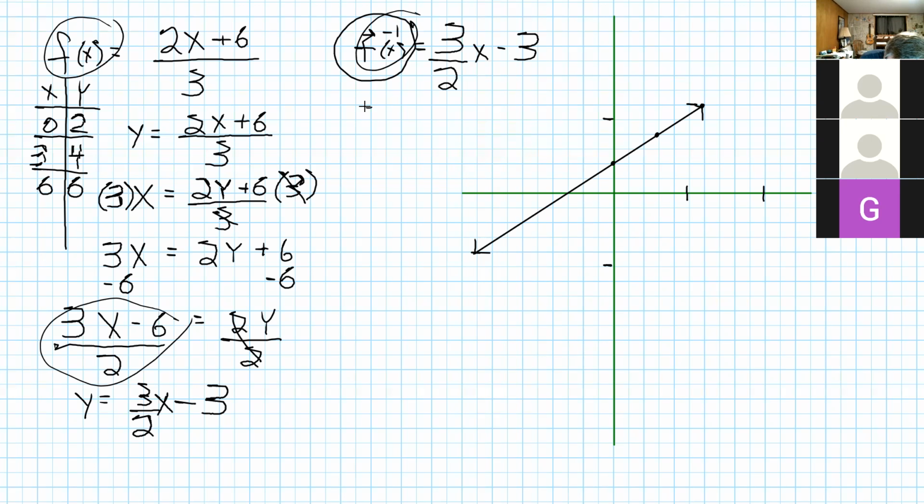Now, would you agree, based on an example we did a little while ago, that this is an ordered pair of that equation? Yes.